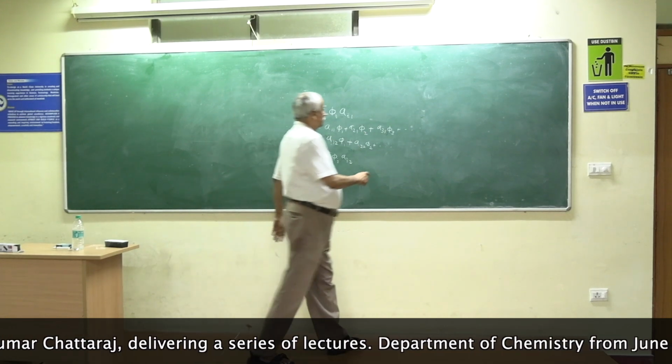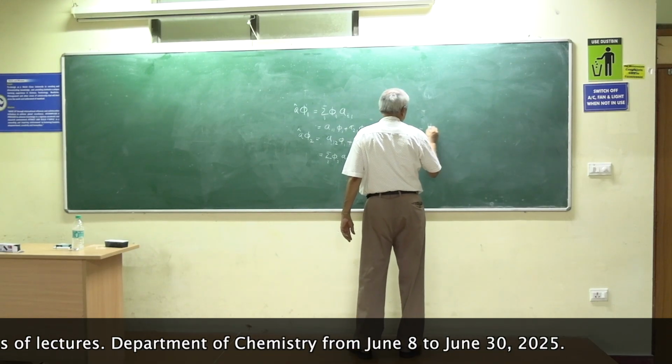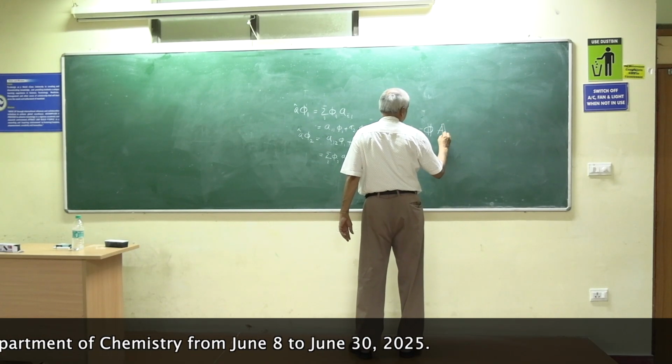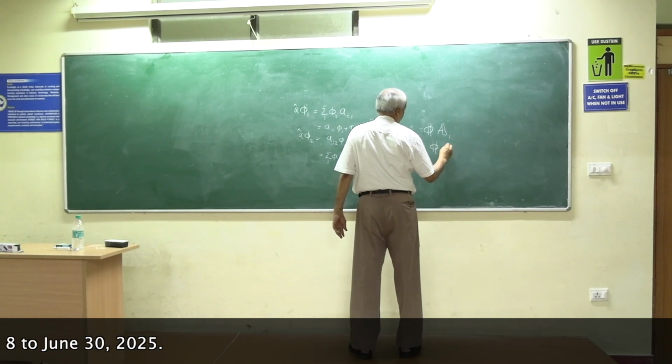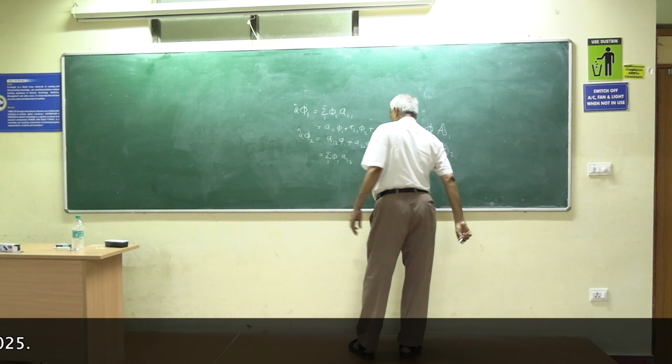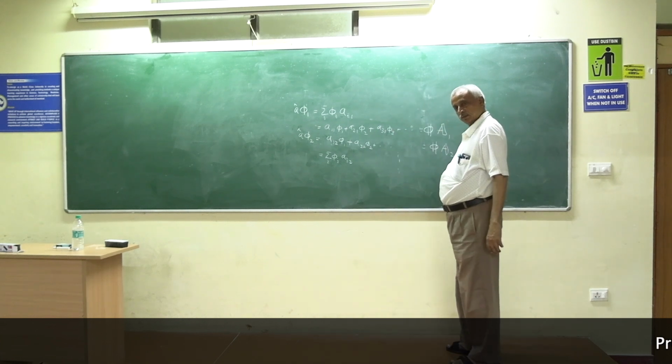So this one, suppose I am writing this as phi A1. This I am writing as phi A2, and so on. Why?